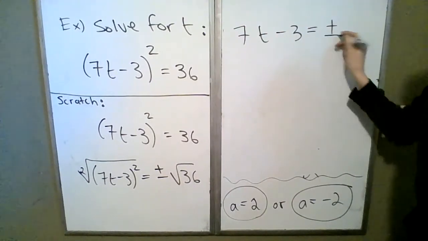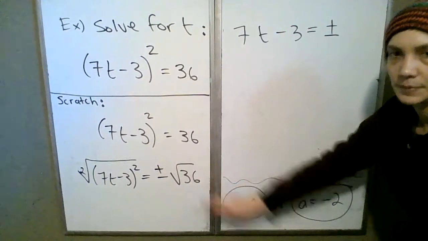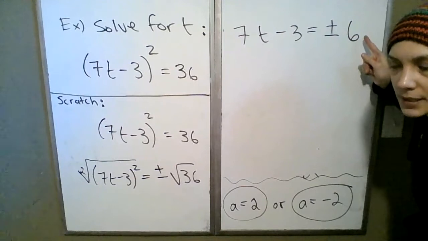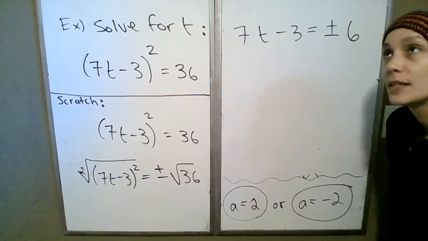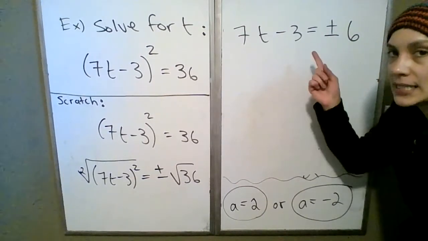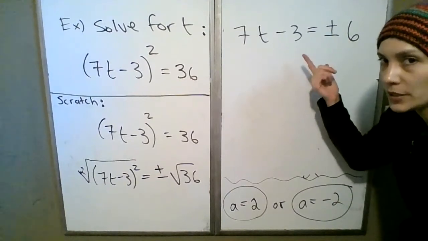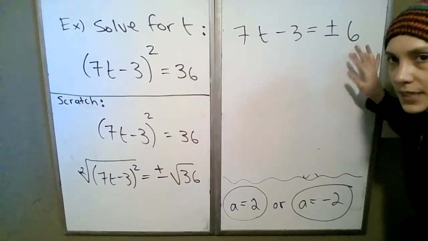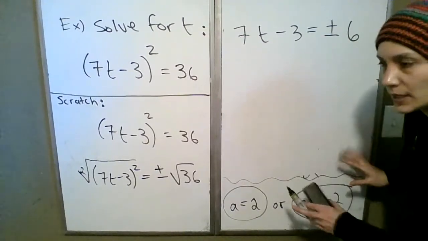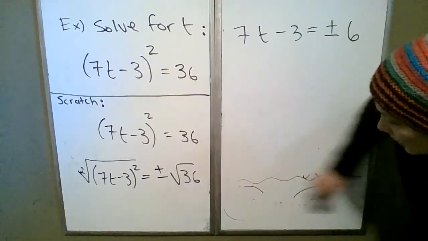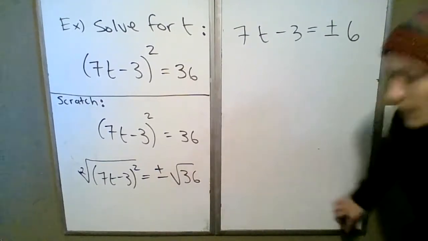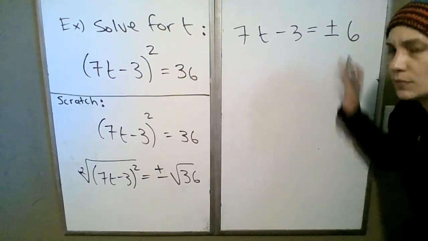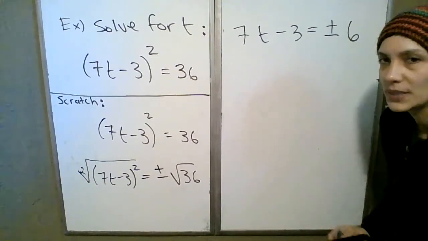Over here we have the plus or minus of 6, or a positive or negative 6. What we can do next is either write two equations, 7t minus 3 equals 6, or 7t minus 3 equal to negative 6, and solve each one separately. It's going to get messy otherwise.